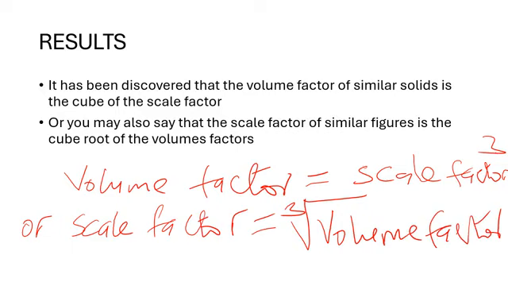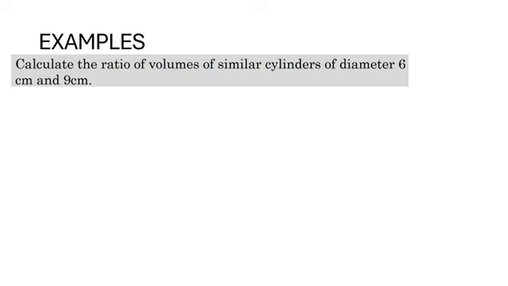So let's look at an example and see what we're trying to say. In this example, we are saying calculate the ratio of volumes of similar cylinders of diameter 6 centimeters and 9 centimeters.